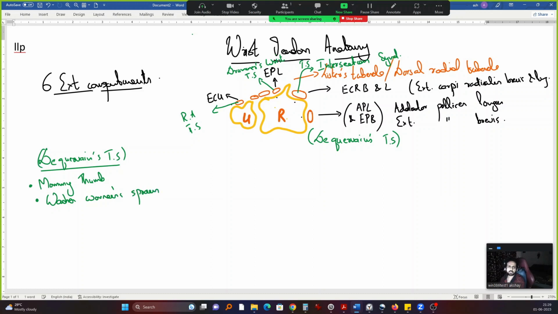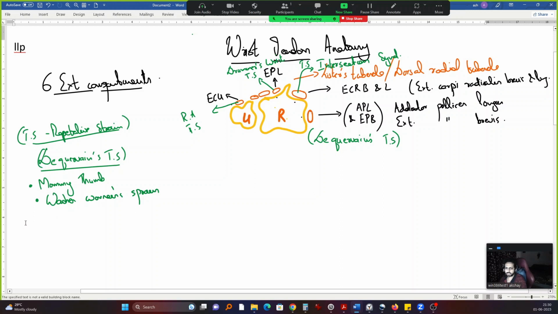Intersection syndrome and De Quervain's tenosynovitis both fall under the category of tenosynovitis that occurs due to repetitive strain.